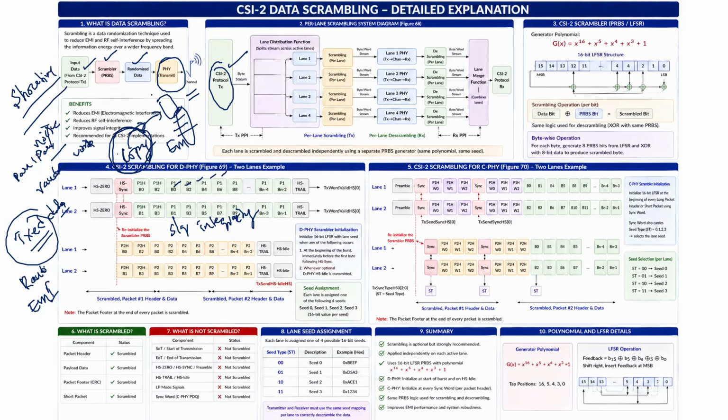Or there is a noisy channel: you transfer one packet, the receiver does not receive it, and you retransmit the same packet, packet one again. That is the repeated data you are transferring, and it is reduced by this scrambling. Now, how will this parallel data be split? You have lane 1, lane 2, lane 3 and lane 4.